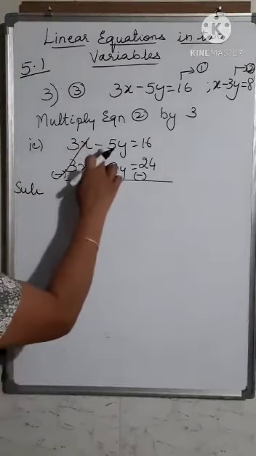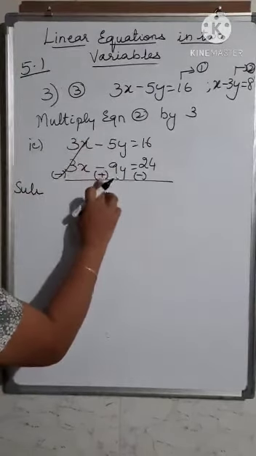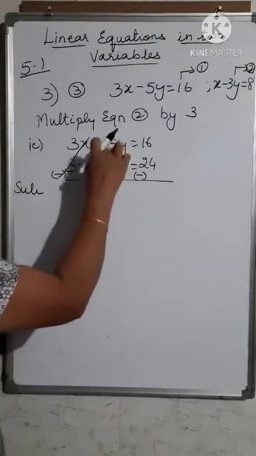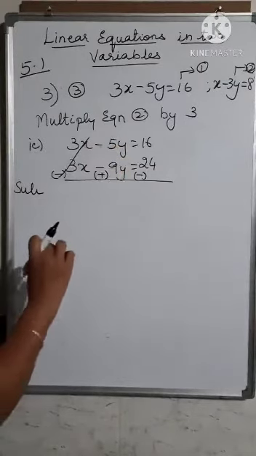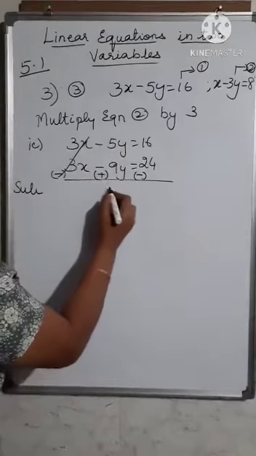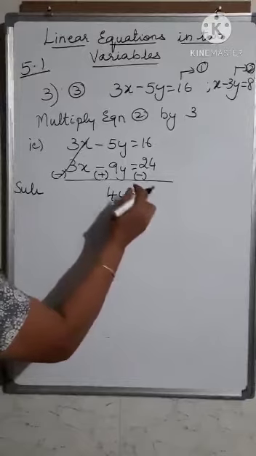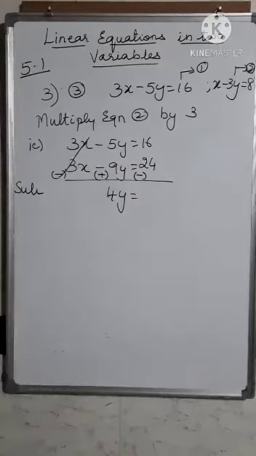Next you have got minus 5y plus 9y. So plus 9 minus 5, and one is minus and one is plus, you have to do the subtraction. So when you subtract, you will get plus 4y is equal to, on the other side, plus 16 minus 24. One is with plus sign and one is with minus sign, so you have to do the subtraction.